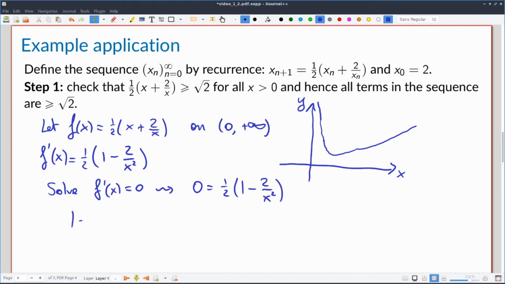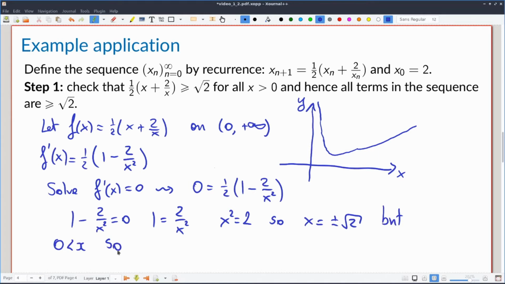So that means that 1 minus 2 over x squared equals 0. So 1 equals 2 over x squared. So x squared equals 2. So x is plus or minus root 2, but we were only looking on 0 to plus infinity, right? We considered positive x, so x equals root 2 is the critical point.